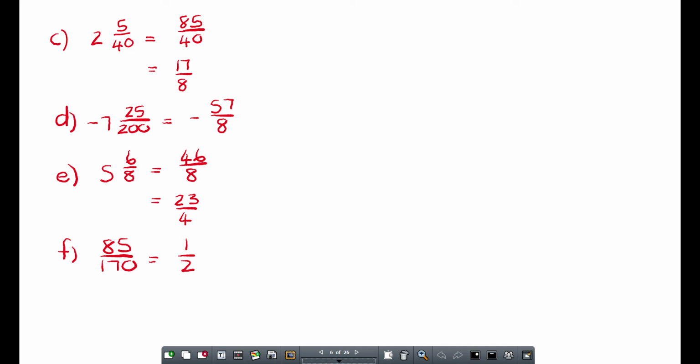At number 5, I made an improper fraction and then simplified to get 23 over 4. But it could have been that you said 3 and a half. Is that what it was there?